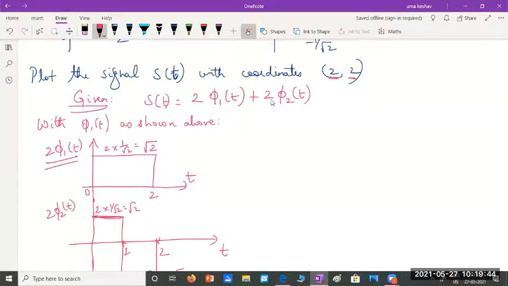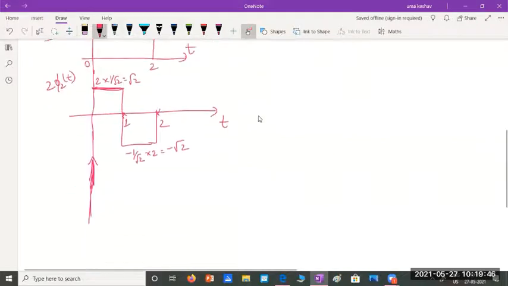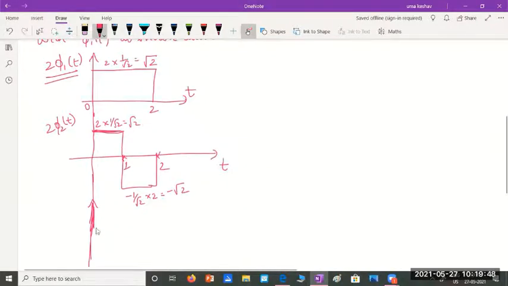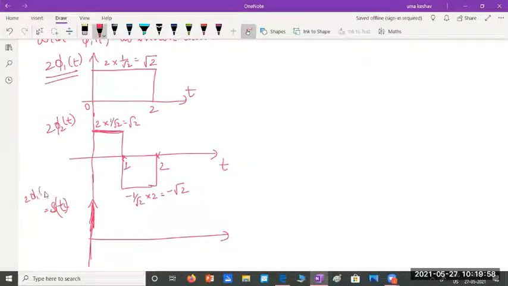It is 2 phi 1 of t plus 2 phi 2 of t. You just have to add these two. Can you tell me what you will get? S of t is 2 phi 1 plus 2 phi 2. It's all just graphical.